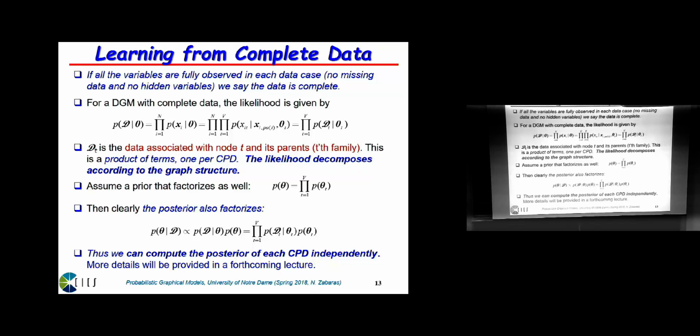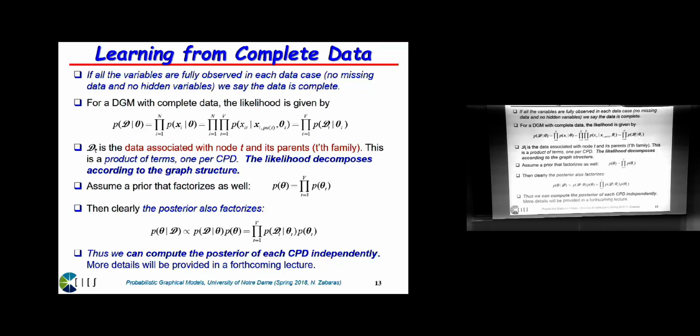So what I'm going to do now is reverse the product over the nodes and the product over the data sets. I'm going to put the product over the data sets inside, and have the product over nodes outside, and the product over the data sets operates on the probability of xit given the parents for the ith case of t and the parameters theta. I call this the data associated with the family of node t.